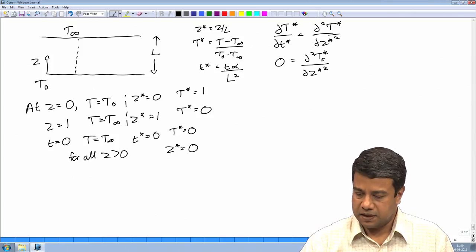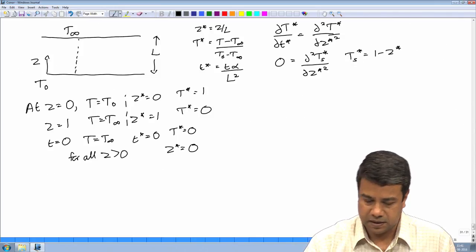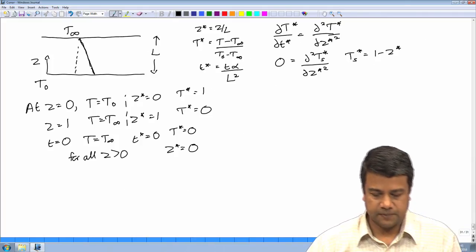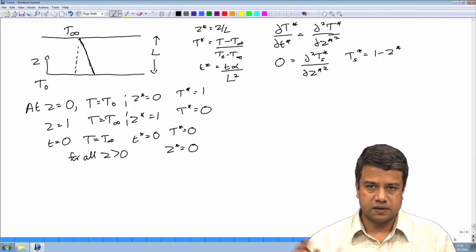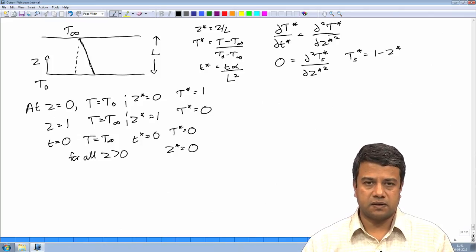That gave us the steady temperature equal to 1 minus z star, a linear temperature profile. That was the final solution in the case of steady state in the long time limit.